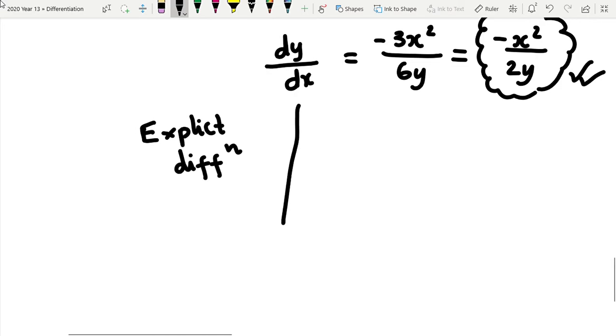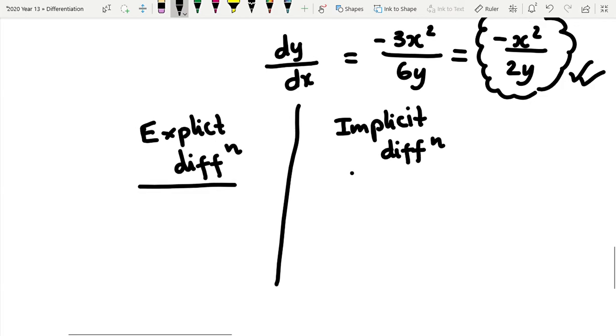It's supposed to be a straight line. Implicit differentiation. All right, here we go.